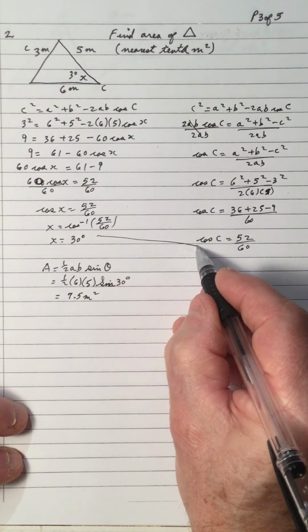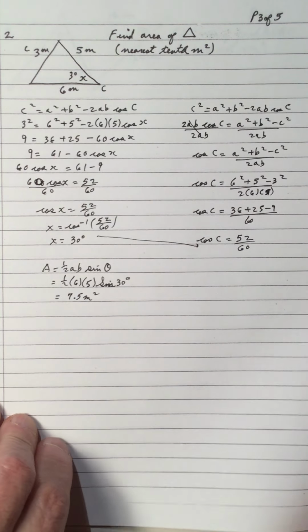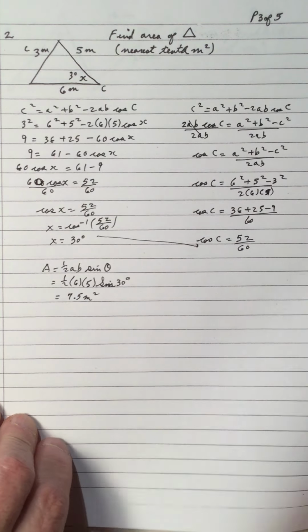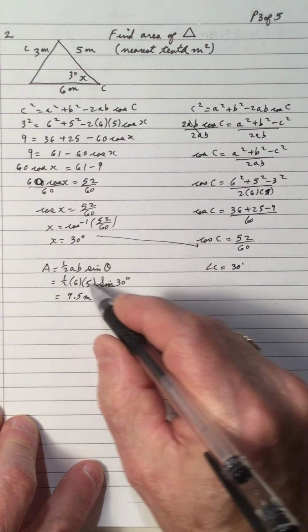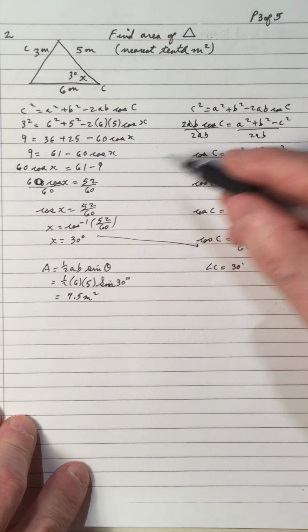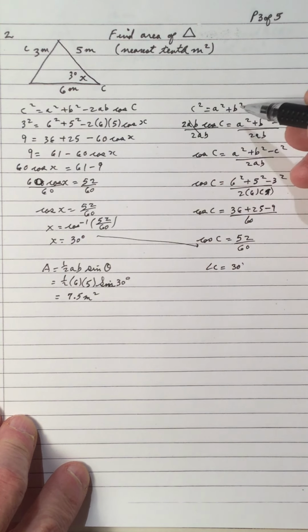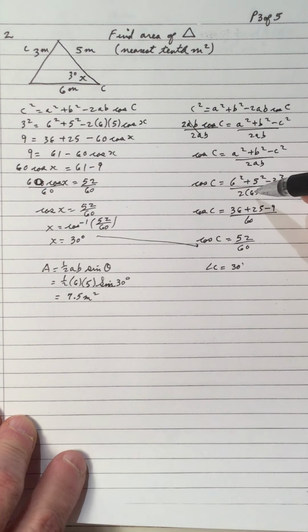So we have the same as here. Either way you can work that out, your choice. If you worked it out this way, then you get angle C is 30 degrees, and then you plug it into here. So either way, you can solve it right on through, or solve it for cos C and then sub in the A, B, and C. Your choice.